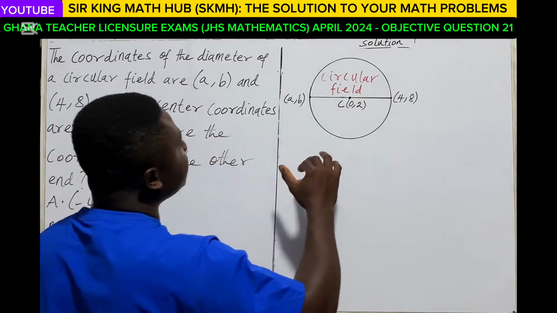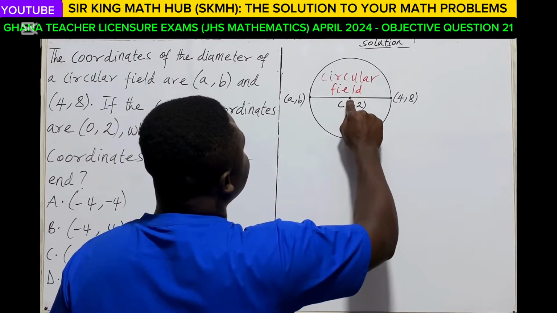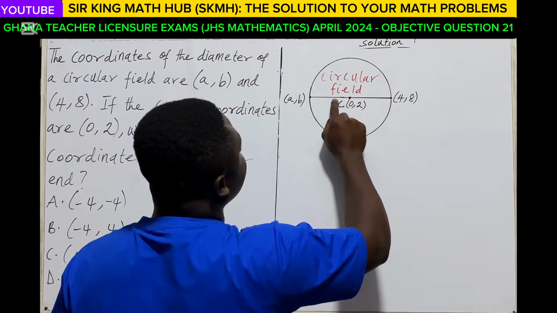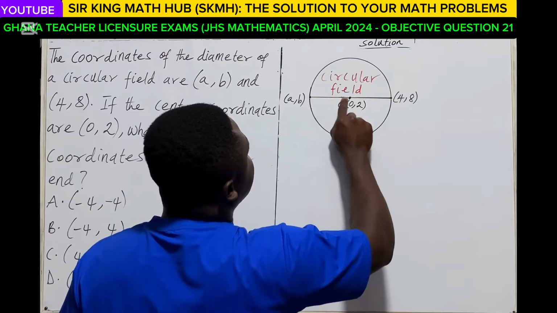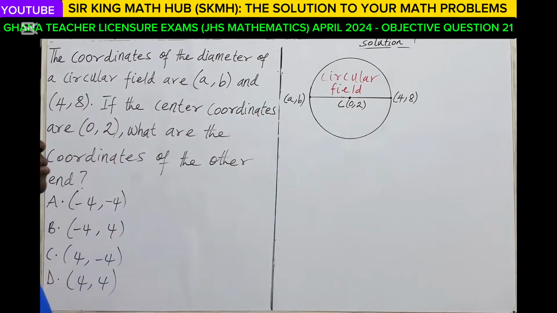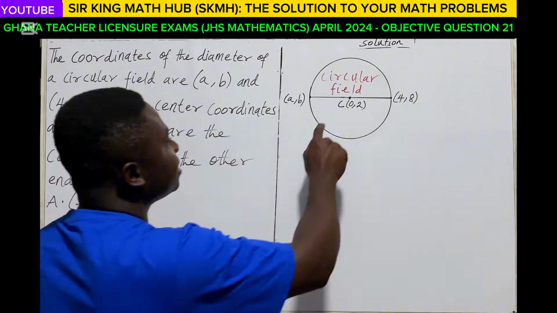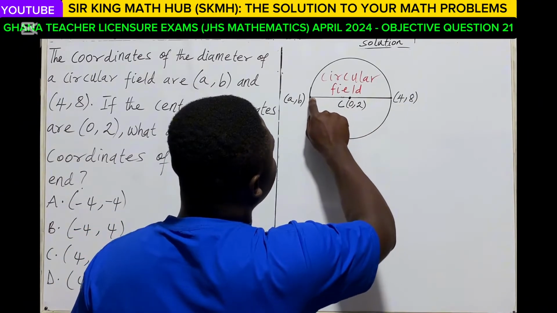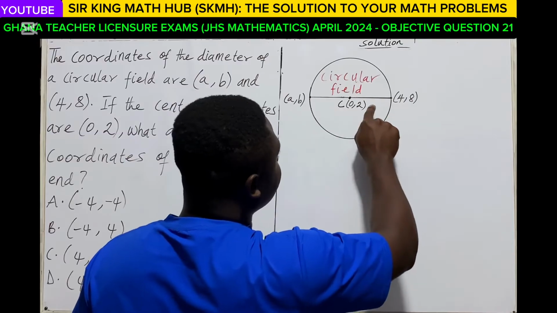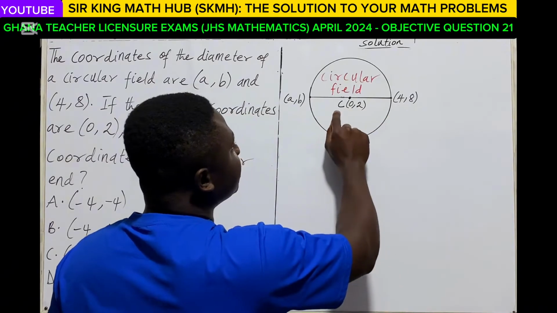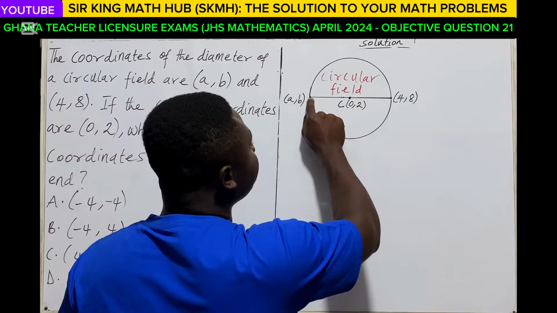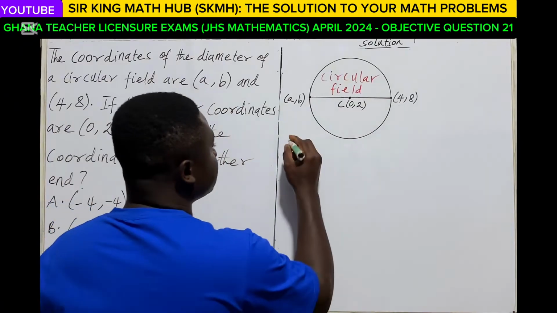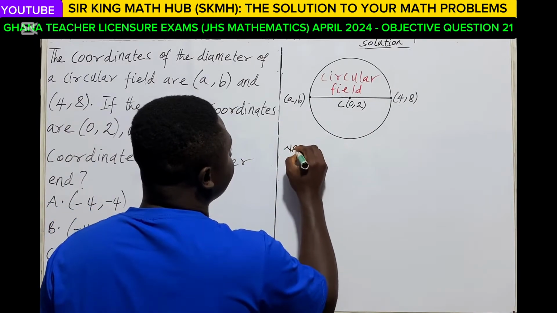Is there any relationship between the center of the circular field and the diameter of the circular field? We see that the center is located at the middle of the diameter, or the center is the midpoint of the diameter. So let's write down something.